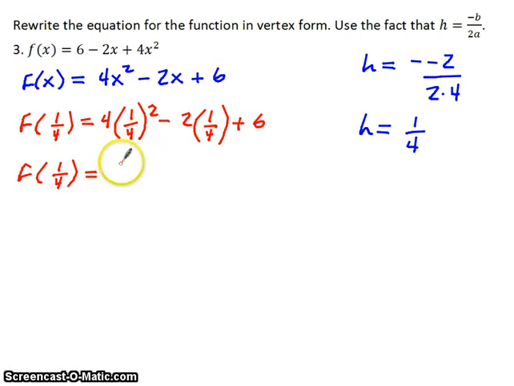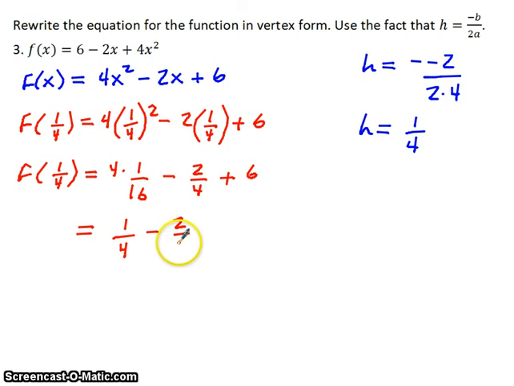Okay, so we have 4 times 1/16, and then we have a -2/4, and then plus 6. So if I reduce, we have 4 times 1/16, that's 1/4, minus 2/4.